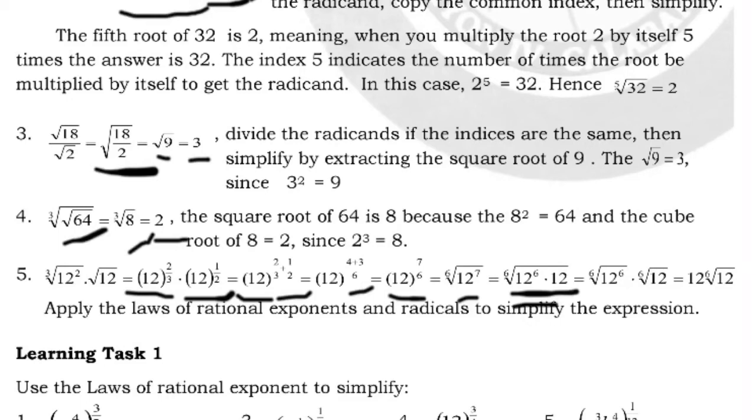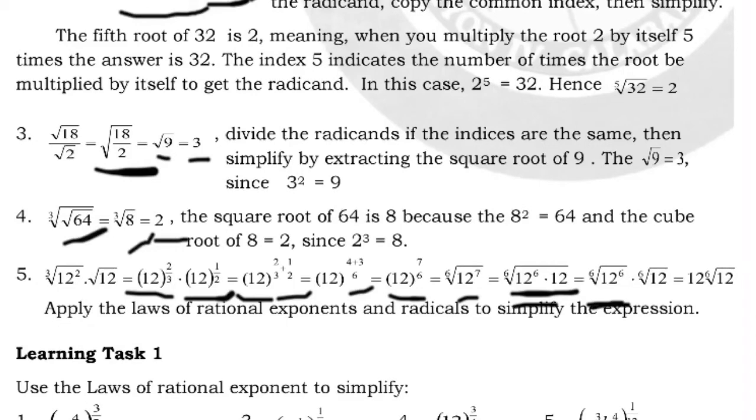So our expression here is 6th root of 12 to the power of 6 times 12. Then applying law of radical number 2, we can have 6th root of 12 to the power of 6 times 12 as 6th root of 12 to the power of 6 times 6th root of 12.